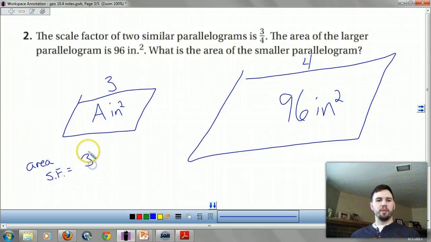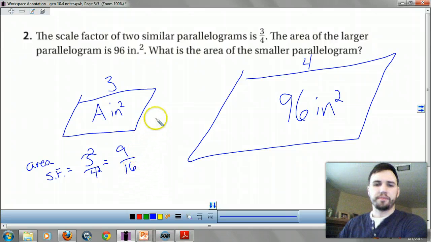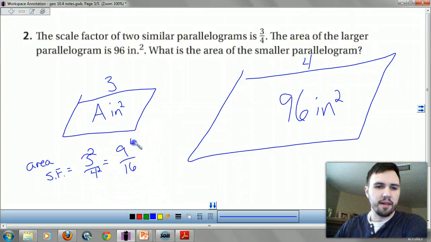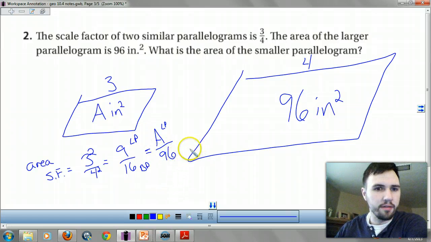Well, it's going to be 3 squared over 4 squared, which is 9 over 16, right? So this is my little parallelogram and my big parallelogram, right? So I set this equal to the area of the little guy over the area of my big guy, and then I solve, cross multiply.